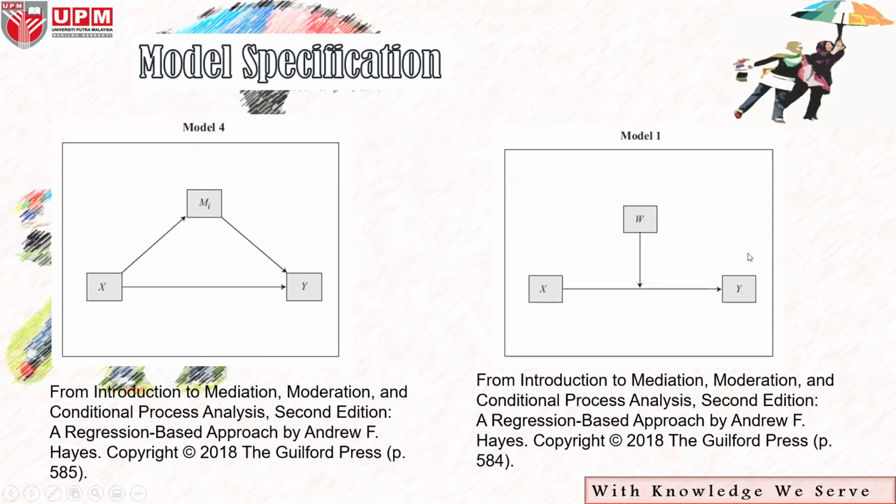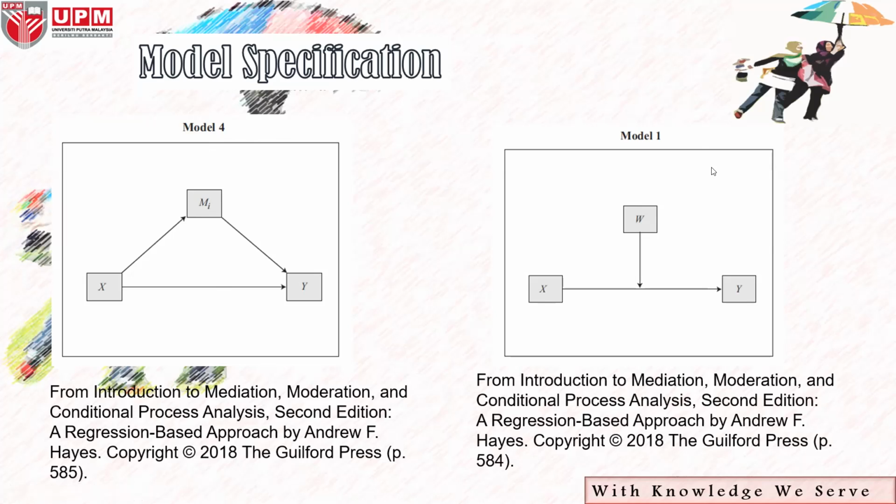I can share with you the soft copy of the book if you are interested. So in the book, Preacher and Hayes specify the number of models. Model number 4 reflects the simple mediation model. Sebab itu dia letak number 4.